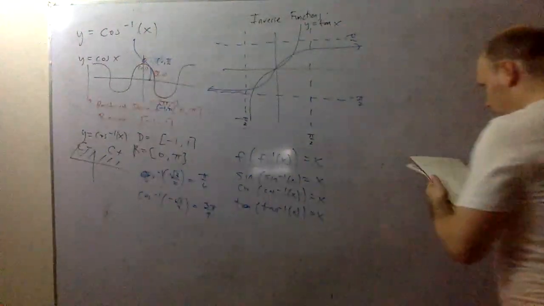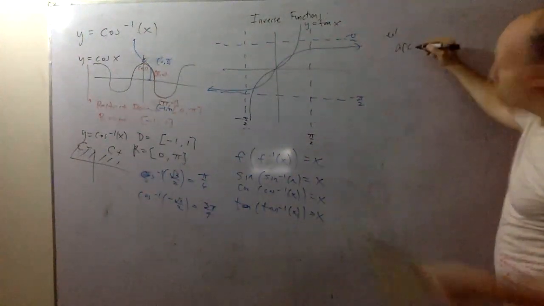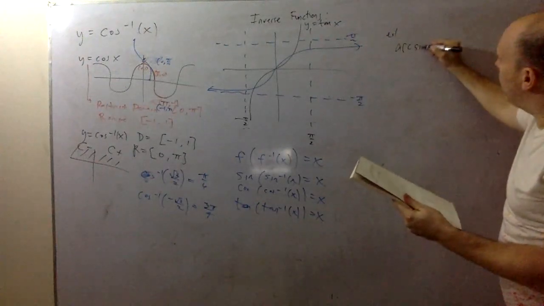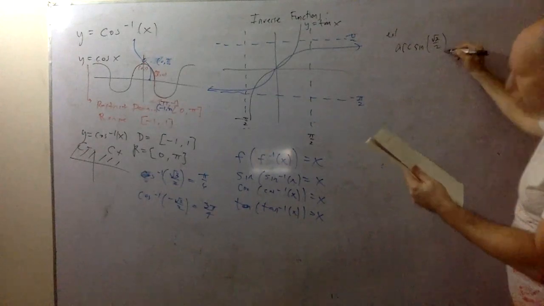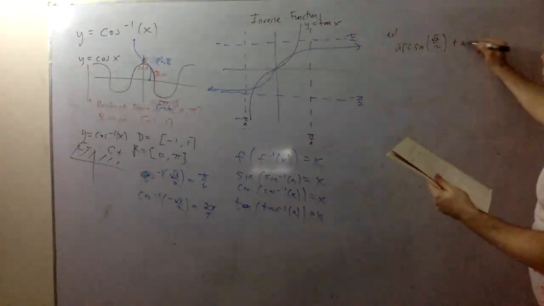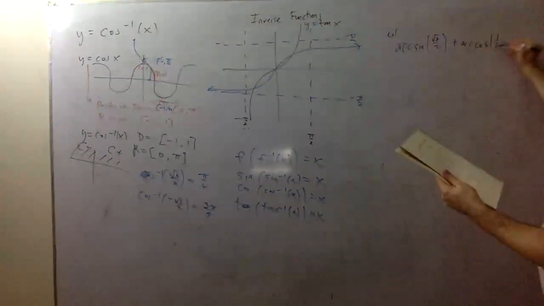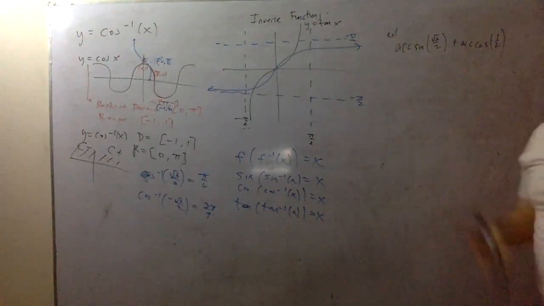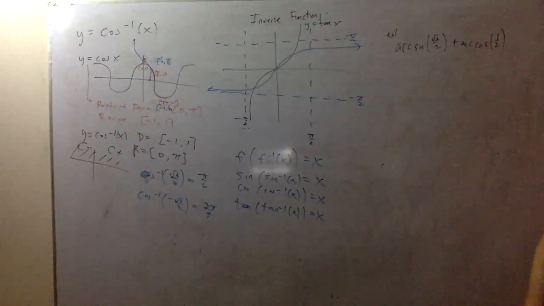So let's see. How about this one? Evaluate example 1. What is the arc sine of radical 2 over 2 plus the arc cosine of 1/2? Pause and then you can come back. So what do you think?